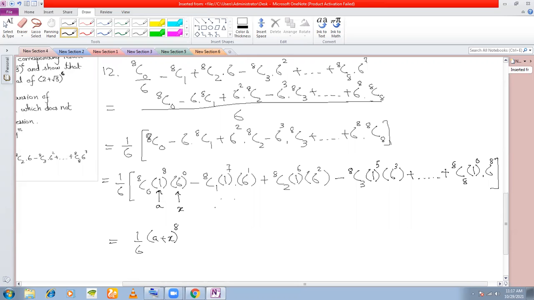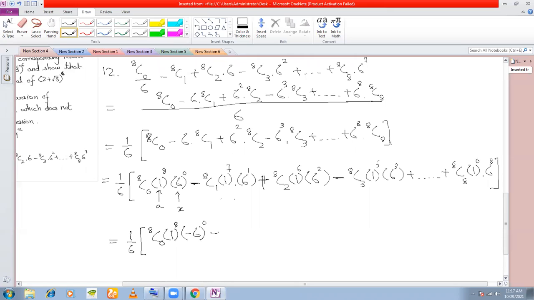Yes, sir. You can write, but there's something that is missing here. Plus and minus signs are alternating, right? So therefore, 1/6 of 8C0 into 1 to the power of 8 into minus 6 to the power of 0, because see, minus and plus signs are alternating, right?